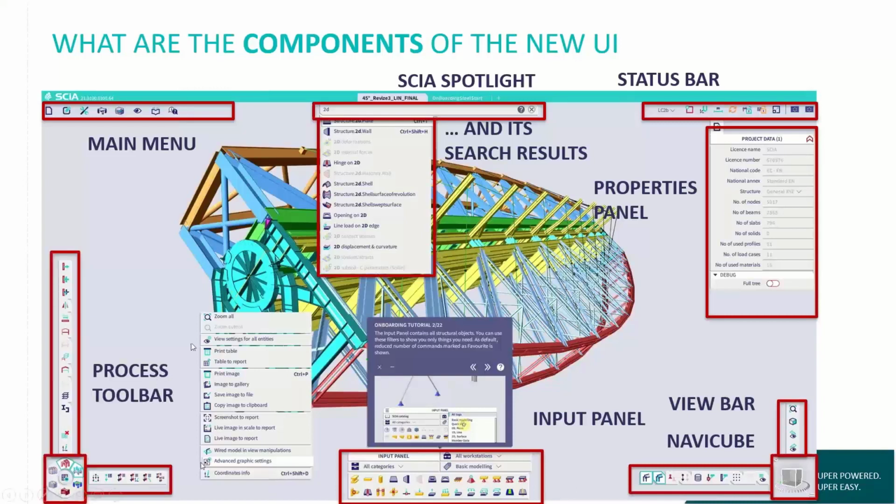And we also have a different kind of toolbar, which is called the process toolbar. The process toolbar serves a bit of a different purpose. It hosts most of the commands of a modification group or libraries, and also results and checks. And I'm going to show this to you in more depth in just a few minutes. We also have the context menu, which works the same or a similar way as before.